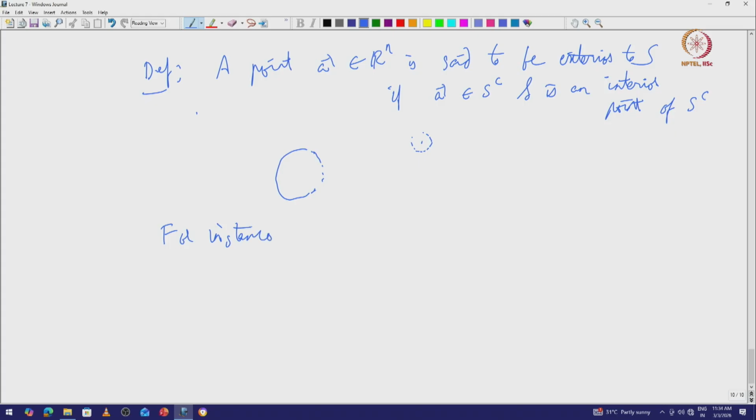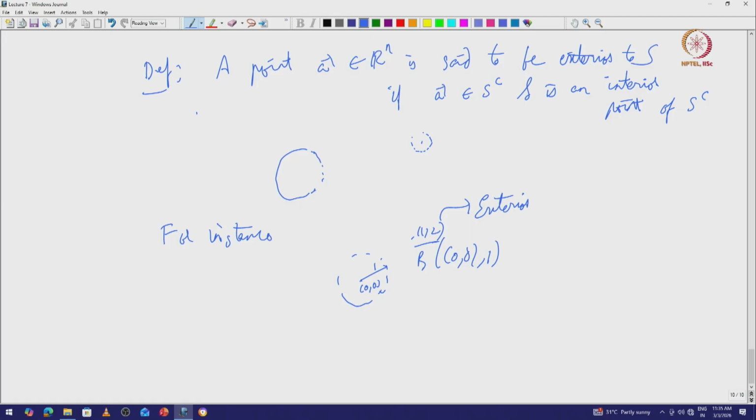So for example, if you take this open ball centered at the origin with radius 1, and now you take the point, say, (1, 2), this is an exterior point. Why is this an exterior point? Obviously this point lies outside this open ball, its distance from the origin is larger than 1.